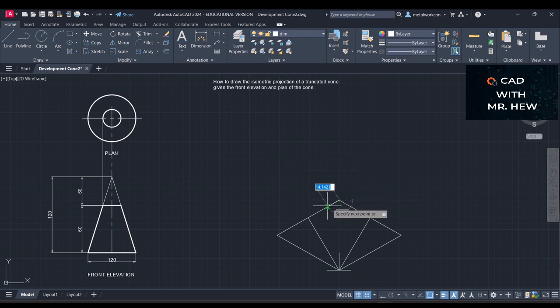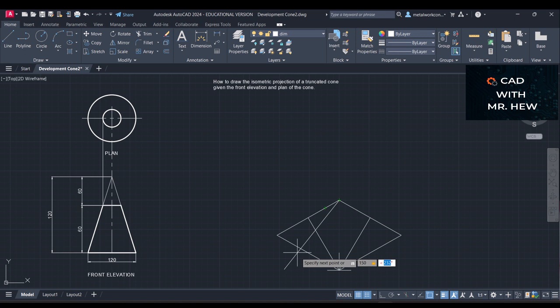I want it to be coming down 60 degrees to the horizontal line that we started with, which would be the T-square line. What angle do you think that would be? We want a line 60 degrees to the horizontal, which would be the T-square.